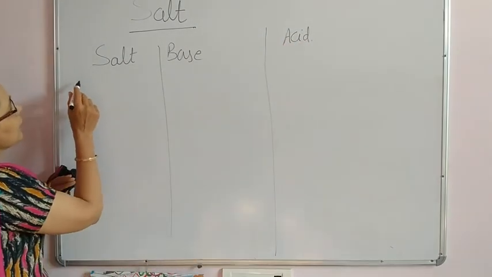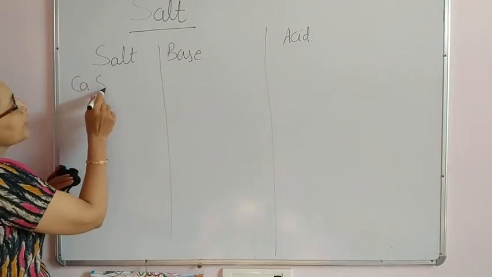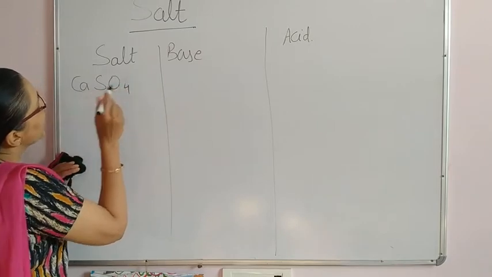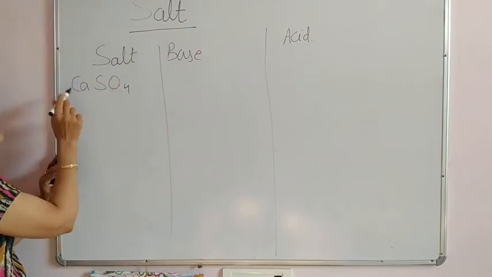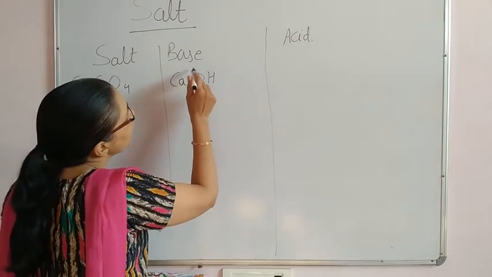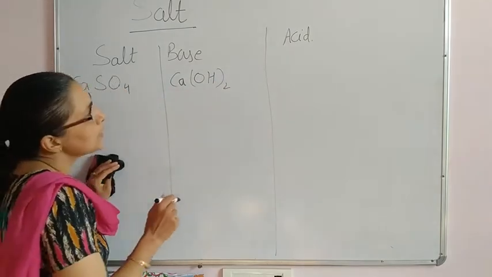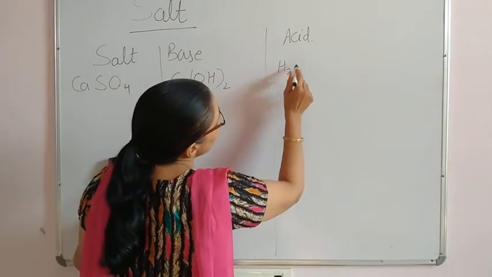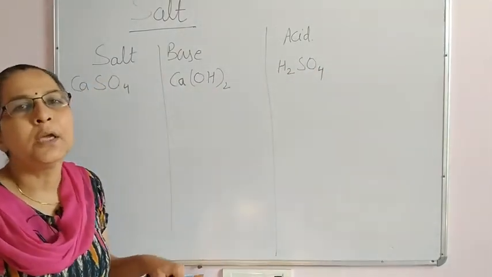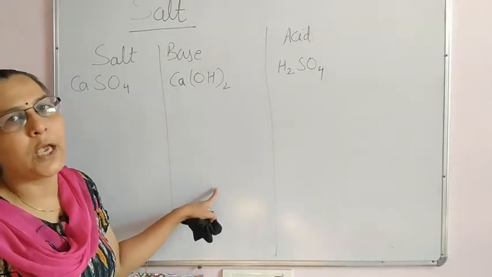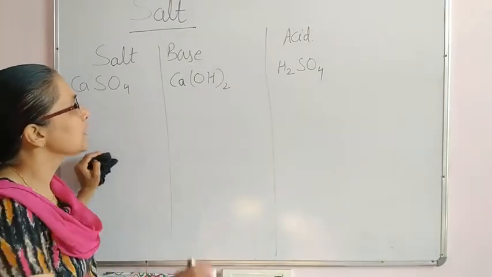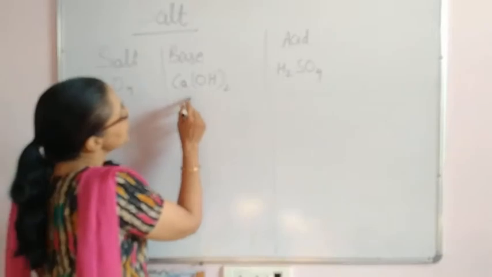Suppose salt is calcium sulfate. Now, what will be the base? Calcium along with OH minus ion, Ca(OH)2. Then acid, that is H2SO4. Now, match the base and acid from the table in which I have given weak acid, weak base, strong acid, strong base. So, what type of base is it, strong or weak? Your answer is weak.